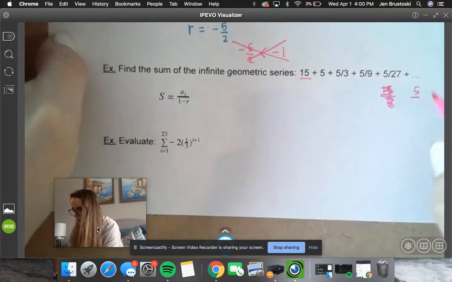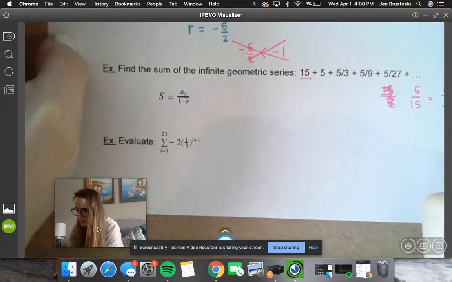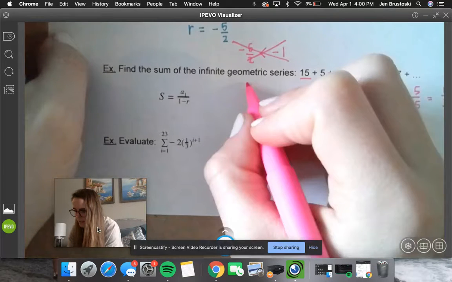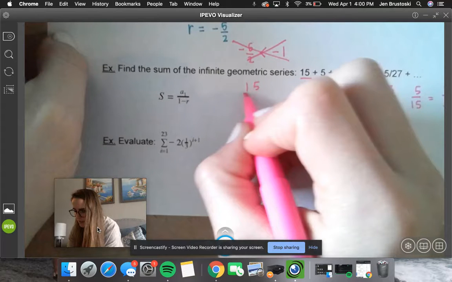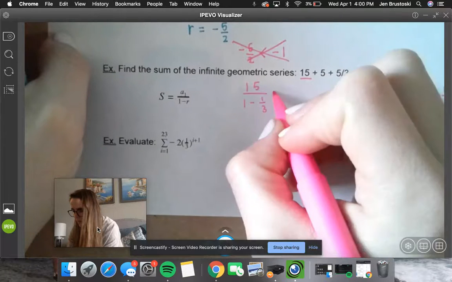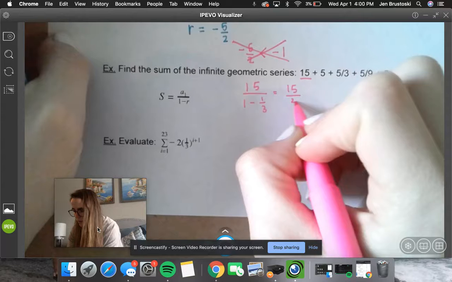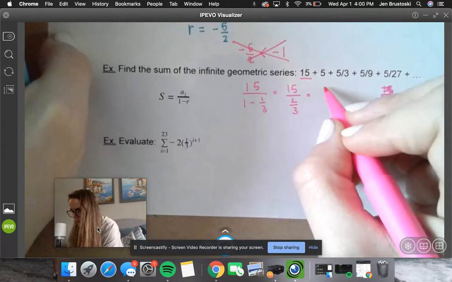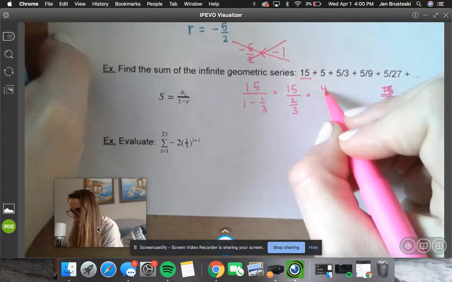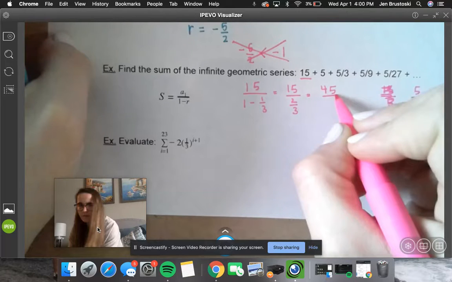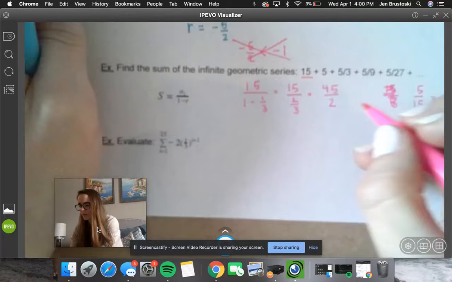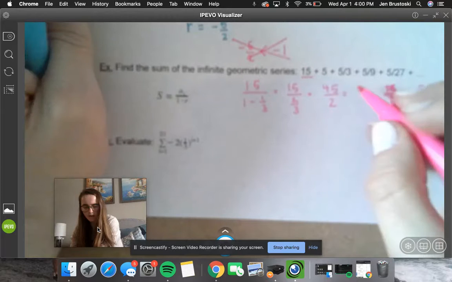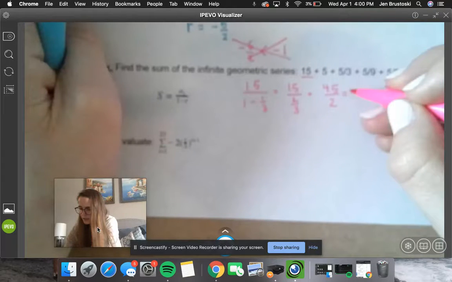So we get 1/3 is equal to R. Plugging in, we have 15 divided by 1 minus 1/3. 15 over 2/3. So we get 45 halves for that answer, which is 22.5. Yes, 22.5 for that answer.